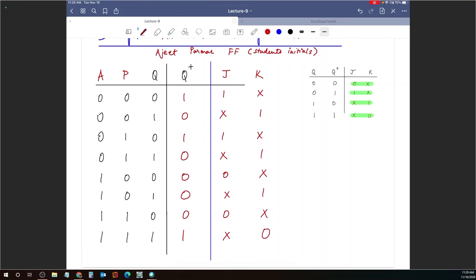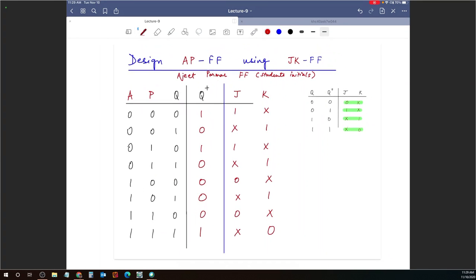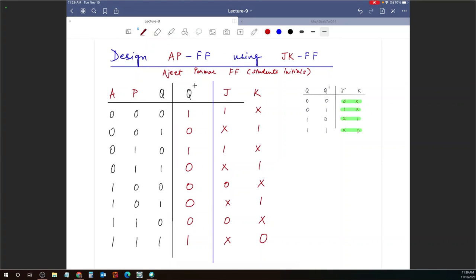All right. So I've used my excitation table of JK, and I've written the inputs to the JK flip-flop that I need to provide here.